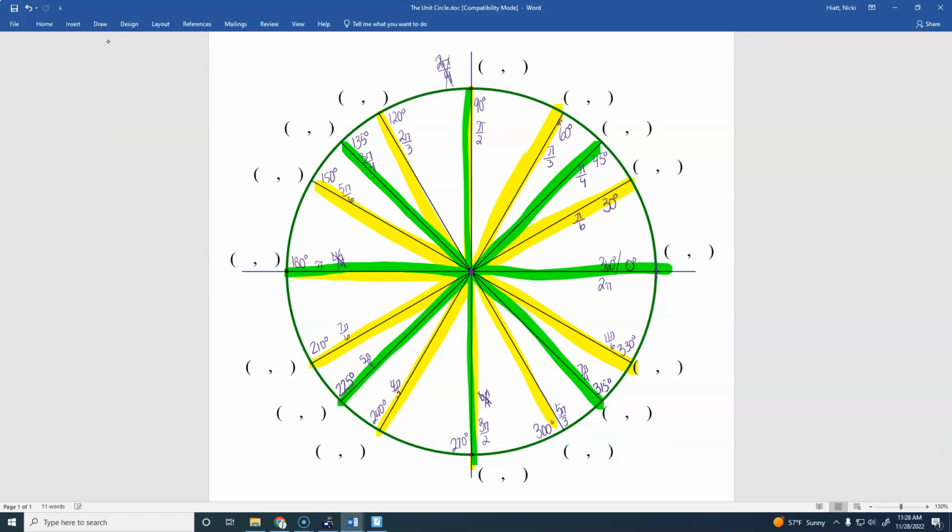The radius of this unit circle is 1, so the length that I go across the x-axis is 1, which means my x-coordinate right here would be 1. My y-coordinate would be 0.